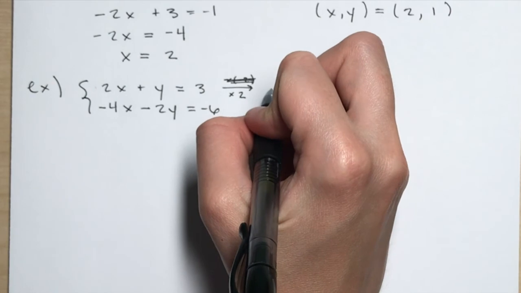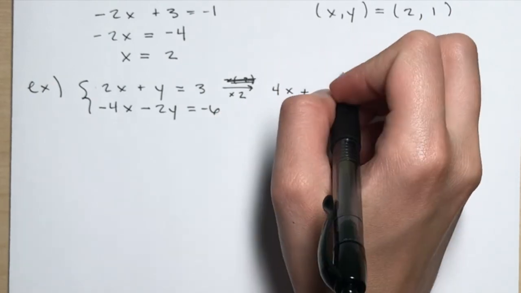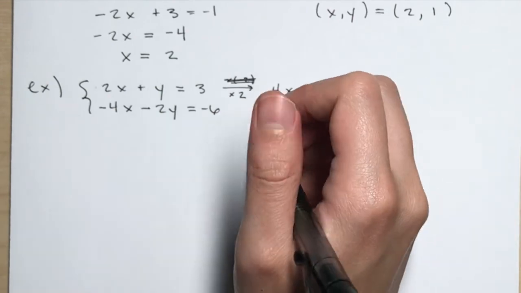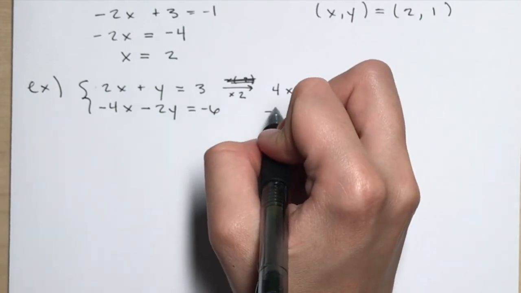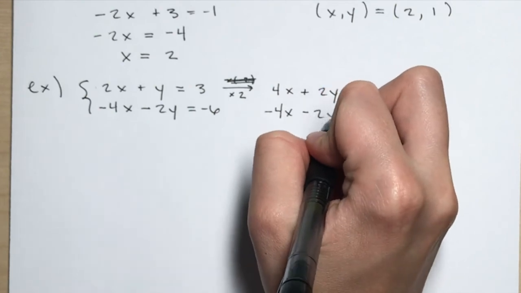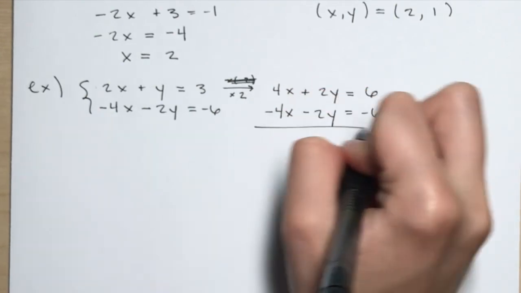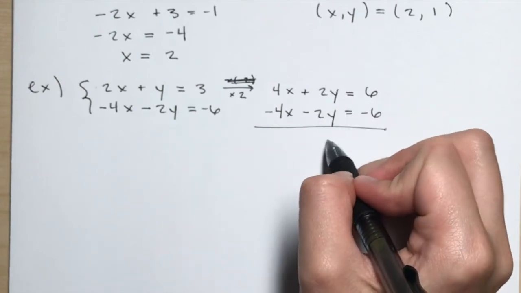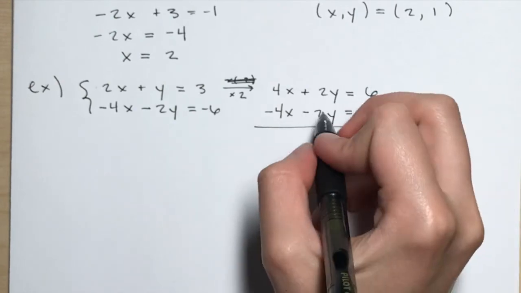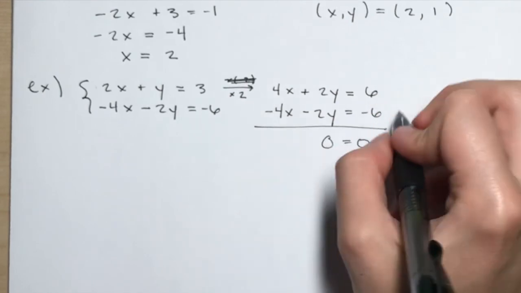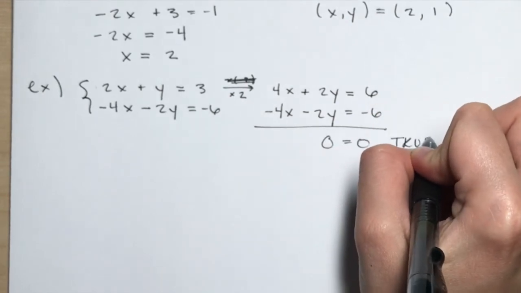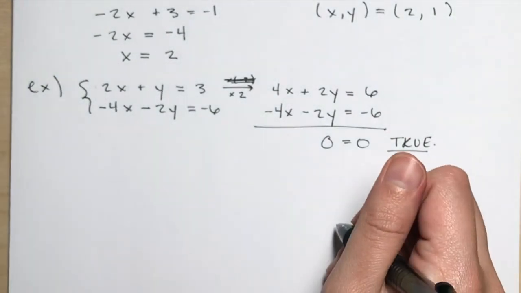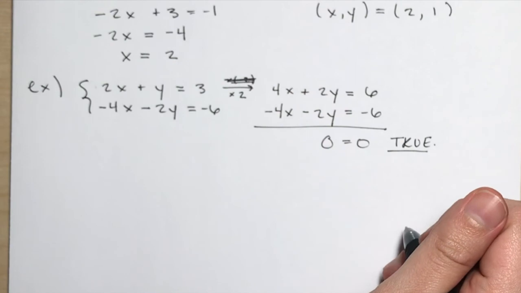That would give me 4x plus 2y equals 6. Underneath I have negative 4x minus 2y equals negative 6. I add up over here, I get 0. I add up here, I get 0, and I add up here and I get 0. So I have 0 equals 0. This is a true statement. We have infinitely many solutions. We need to express those infinitely many solutions in a more specific way.